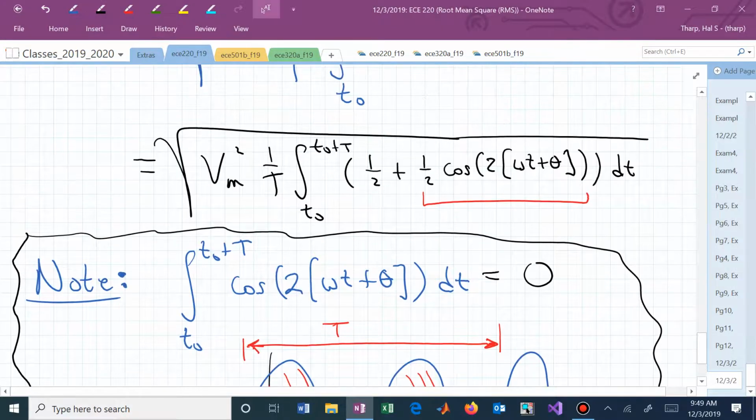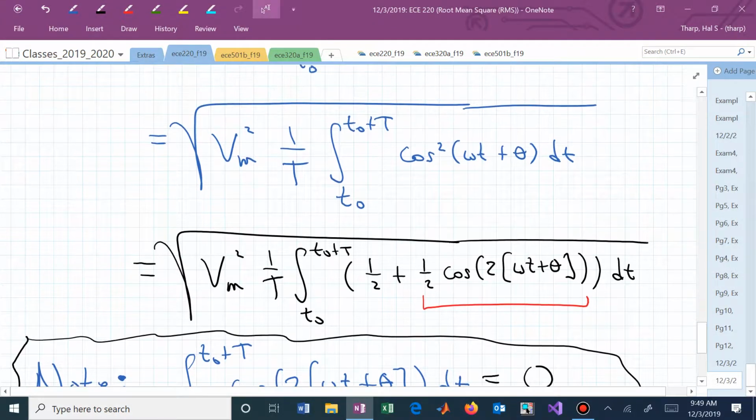And that allows us to appreciate rewriting cosine squared as 1/2 plus 1/2 cosine of 2x.